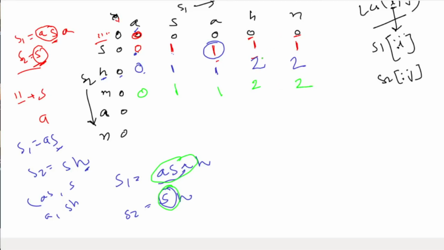And then for A, it should not be 0, because A is equal to A, so it will be the diagonal value plus 1, and A is not equal to S, then maximum, A is equal to A, so again diagonal value plus 1, that is 2, and then A is not equal to H, so again maximum, again finally this.